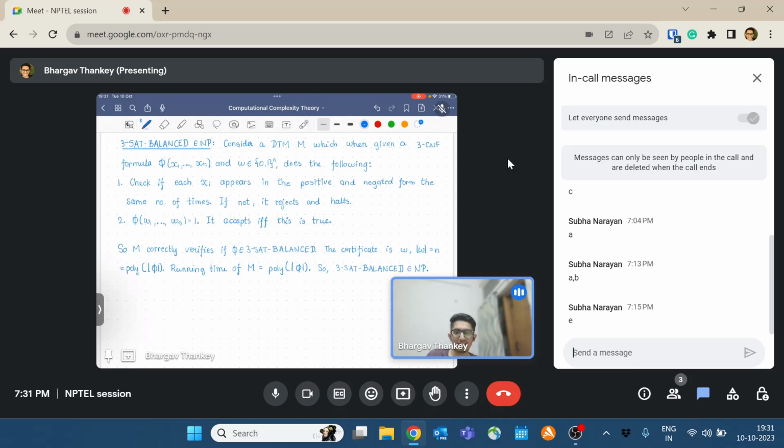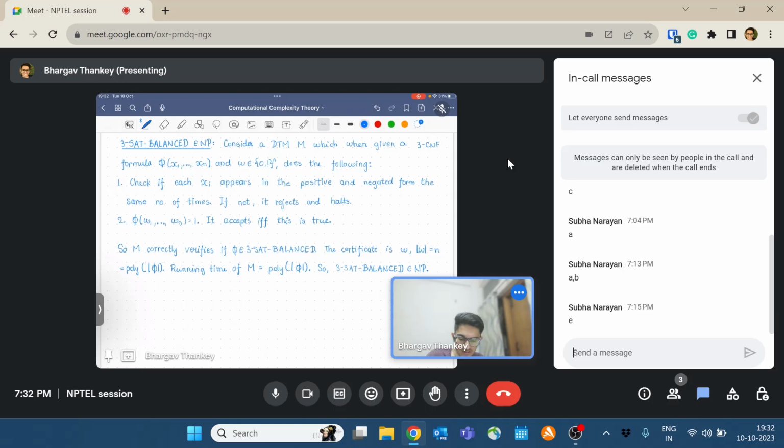And this certificate will only exist if phi is in 3-SAT-Balanced, right? So this means that 3-SAT-Balanced is in NP. So is this fine? Then we can move on to NP hardness. Okay, I hope it's fine.